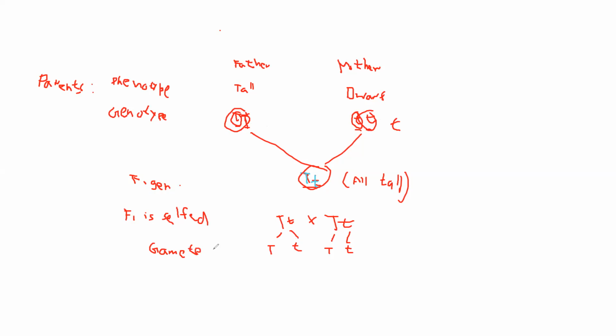Now we are forming the F2 generation. So these are going to fuse, and you get the F2 generation. Now you can do this in two ways, and I'll be doing both.